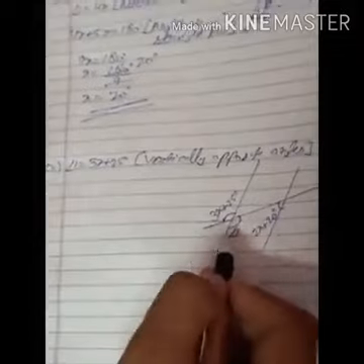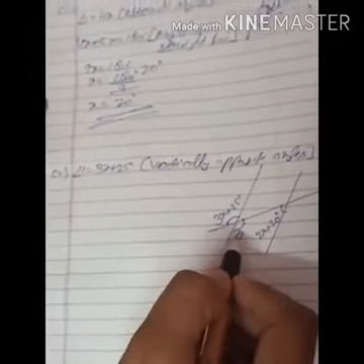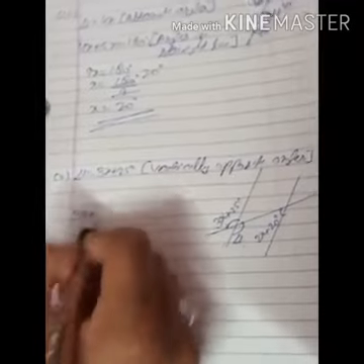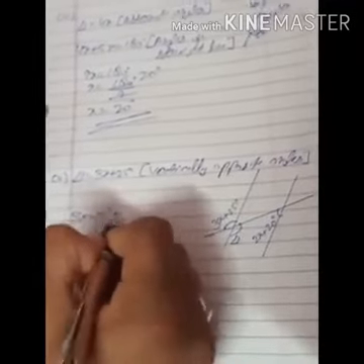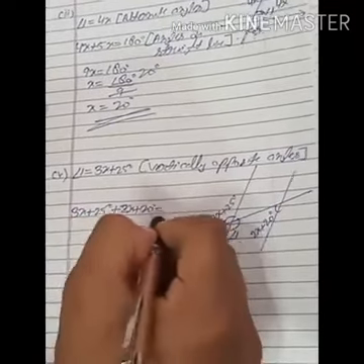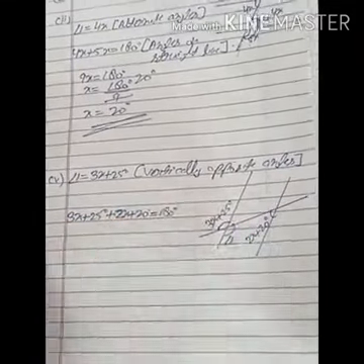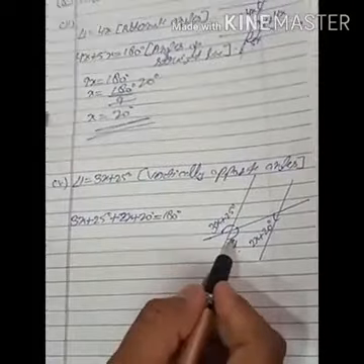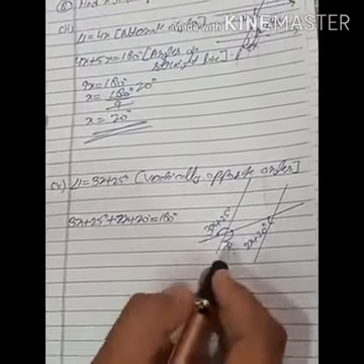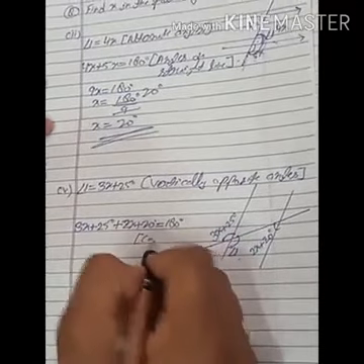So now we have this angle 3x plus 25 degrees. So 3x plus 25 degrees plus 2x plus 20 degrees is equal to 180 degrees. Means the measure of this angle plus the measure of this angle is equal to 180 degrees. What type of angles? Co-interior angles.